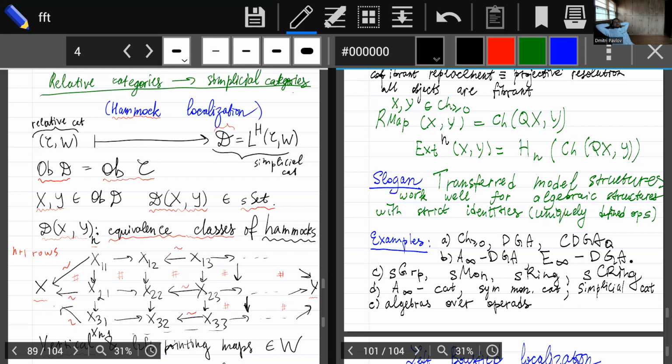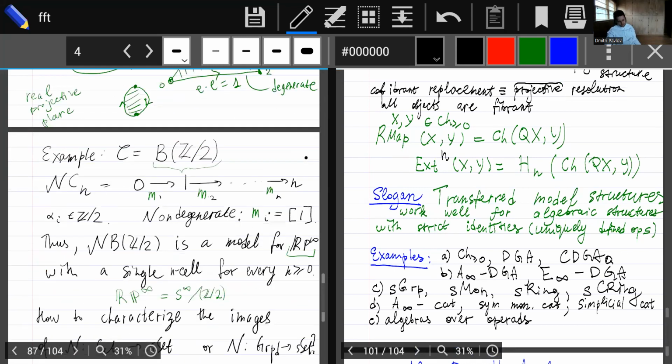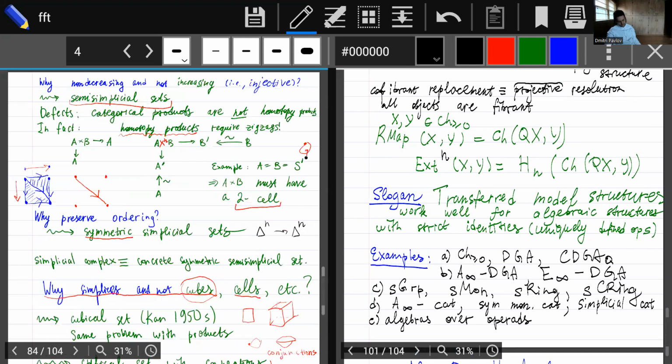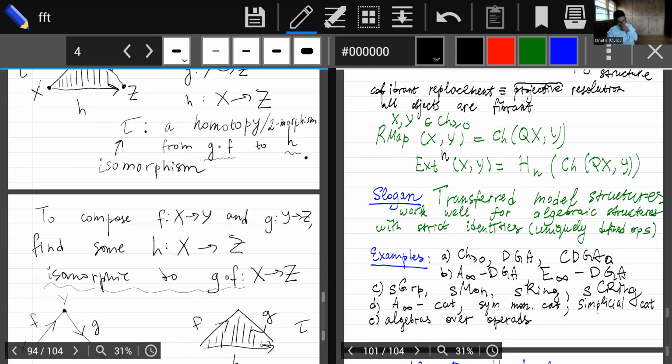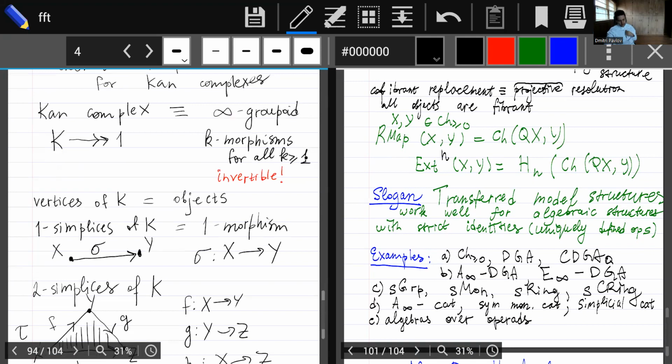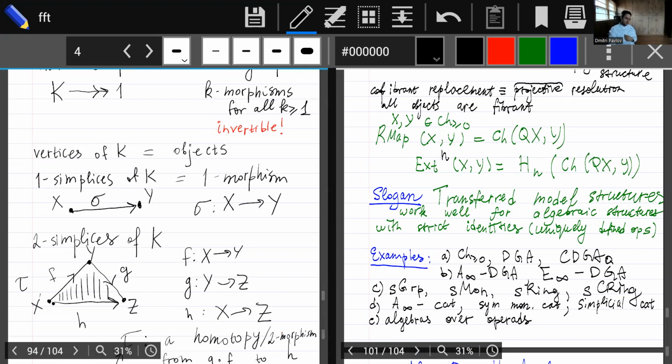We have already seen some examples of this, where, for example, when we talked about the interpretation of Kan complexes, we saw that morphisms are one-simplices and triangles, two-simplices, encode composition.